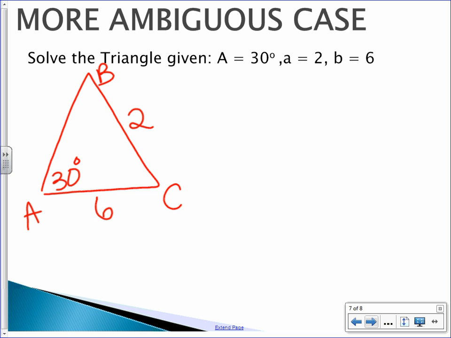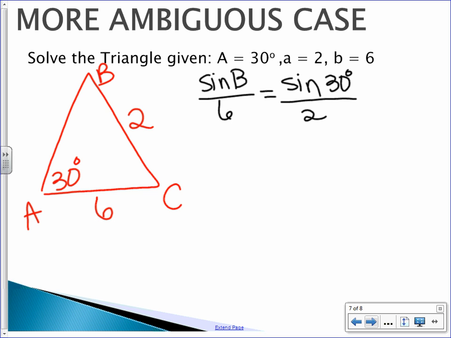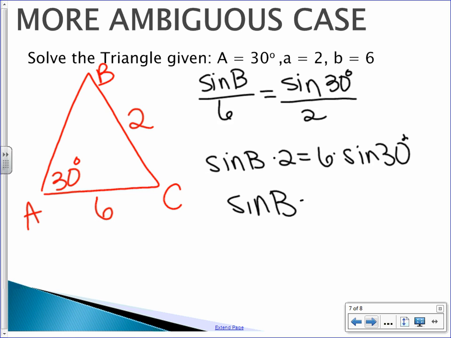Angle B. So we have the sine of angle B over 6 equals the sine of 30 degrees over 2. When we cross multiply to solve, we get the sine of B times 2 equals 6 times the sine of 30. The sine of B equals 6 times the sine of 30 degrees over 2. In your calculators, inverse sine of 6 times sine of 30 divided by 2.